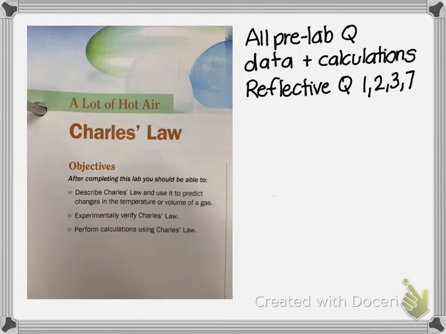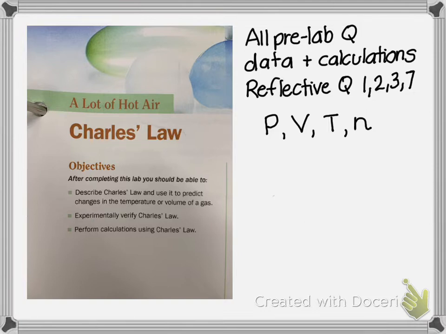So let's talk a little bit about Charles Law before we look at the data. So gases can be described with 4 properties: pressure, which they use a capital P, a volume, capital V, temperature, capital T, and then the amount, which is an N. So a gas is described by these 4 properties.